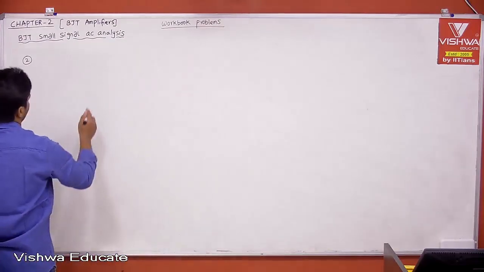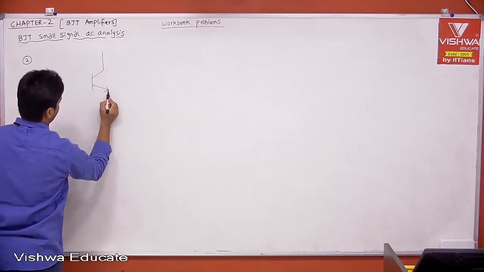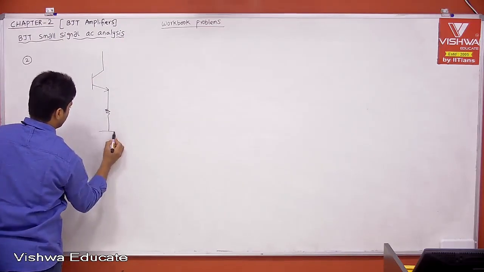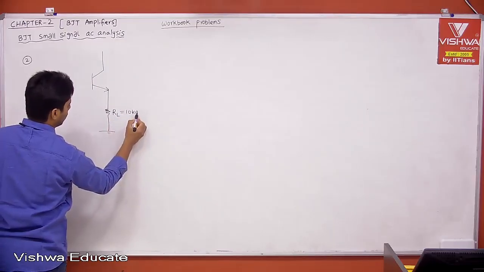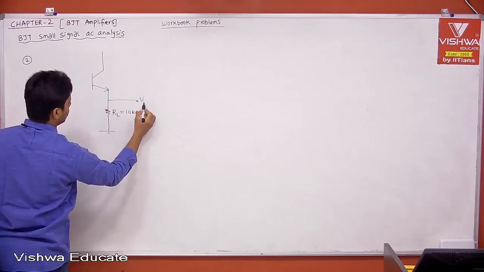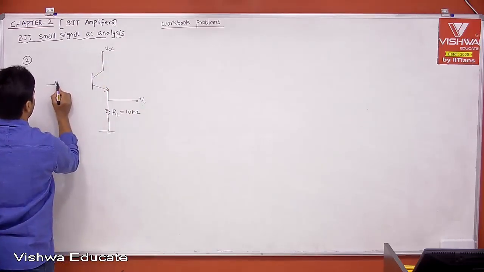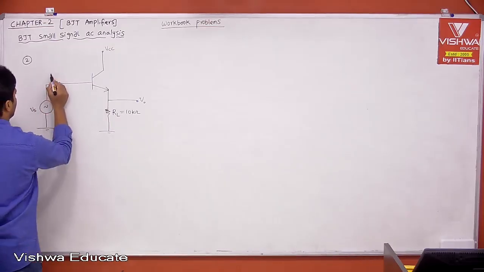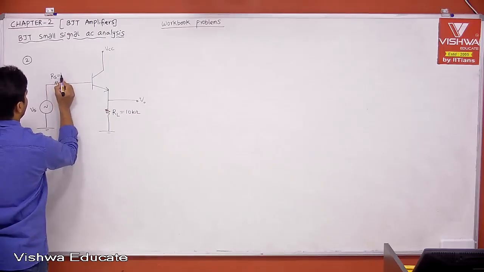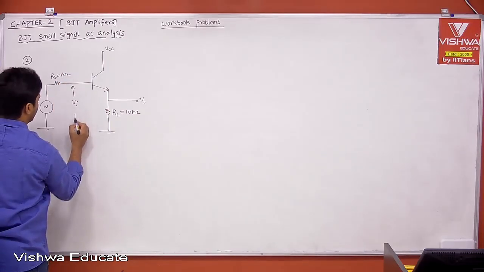Then the circuit is this. This is given as Rn, which is 10 kilo ohm, and this is defined as V0, and this is the power supply VCC. This is our practical voltage source, Vs, and Rs is equal to 1 kilo ohm, and this is the input voltage to your amplifier.